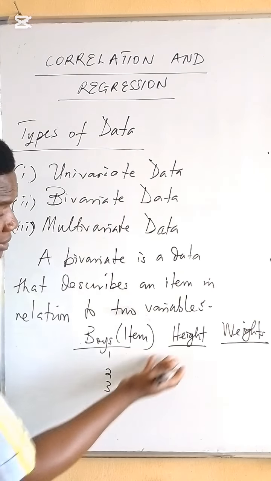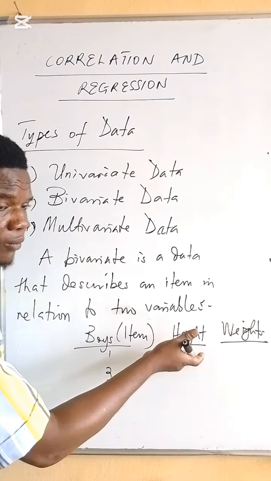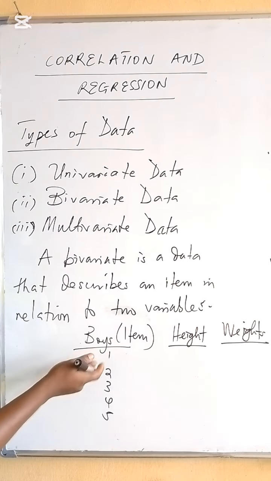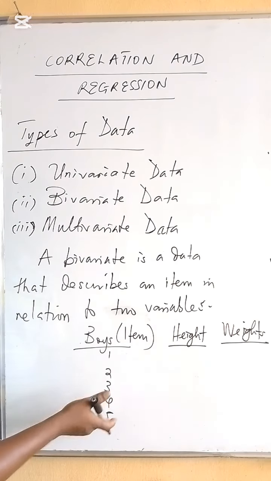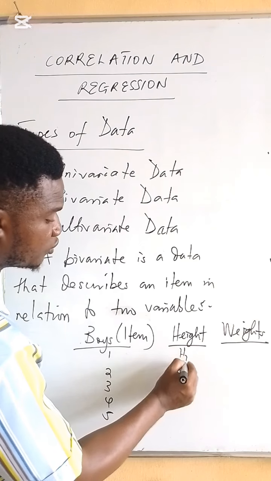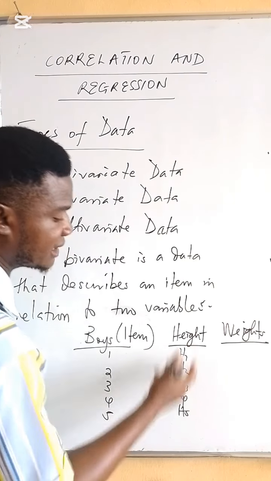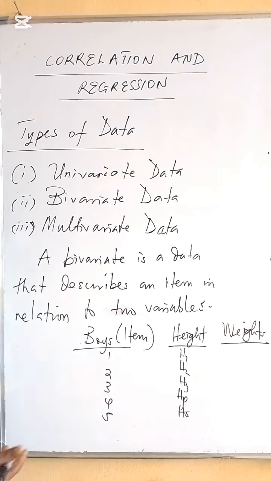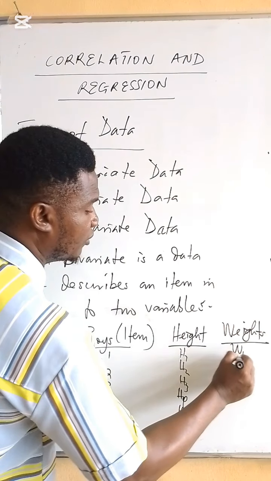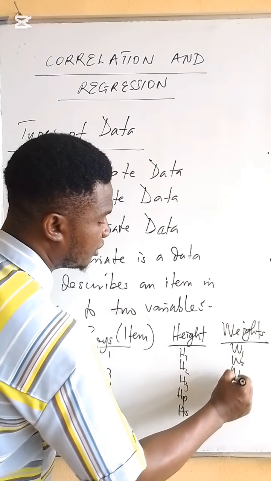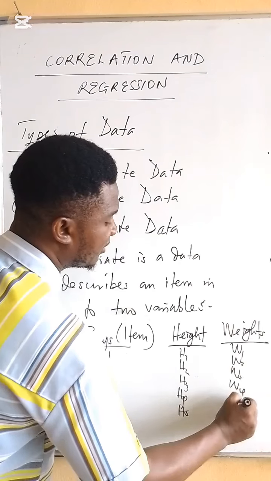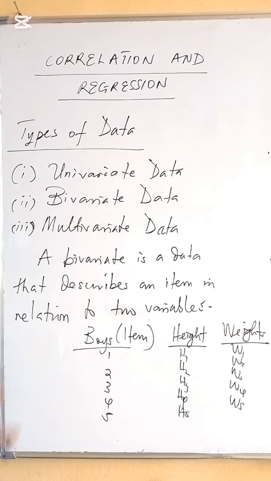But this time around, I have height, a first variable, which constitutes a measure on these boys. So this will give me h1, h2, h3, h4, h5 as the height measurements taken on the 5 boys. And this will give me w1, w2, w3, w4, and w5 as the weight measurements on these boys.